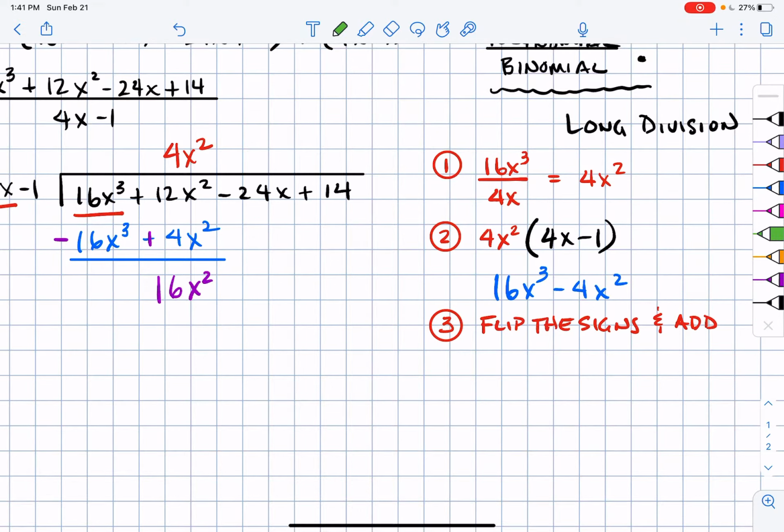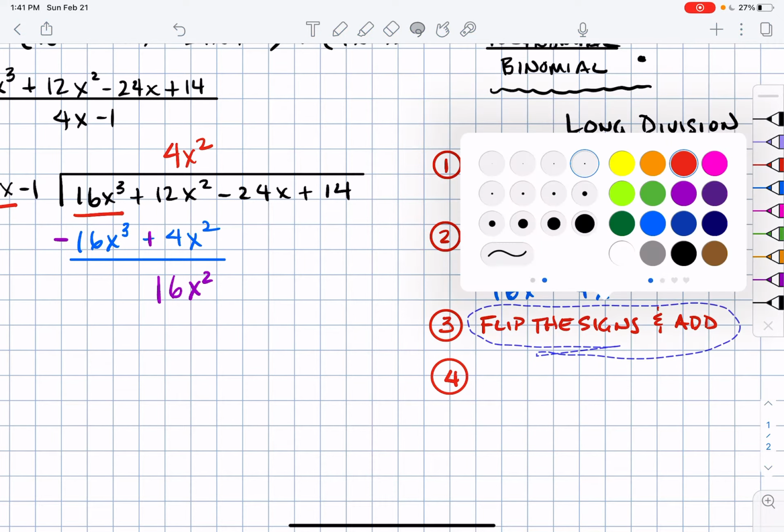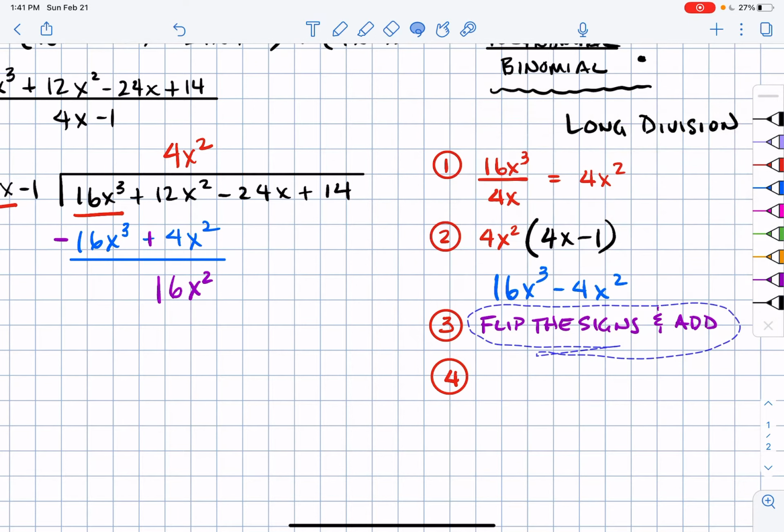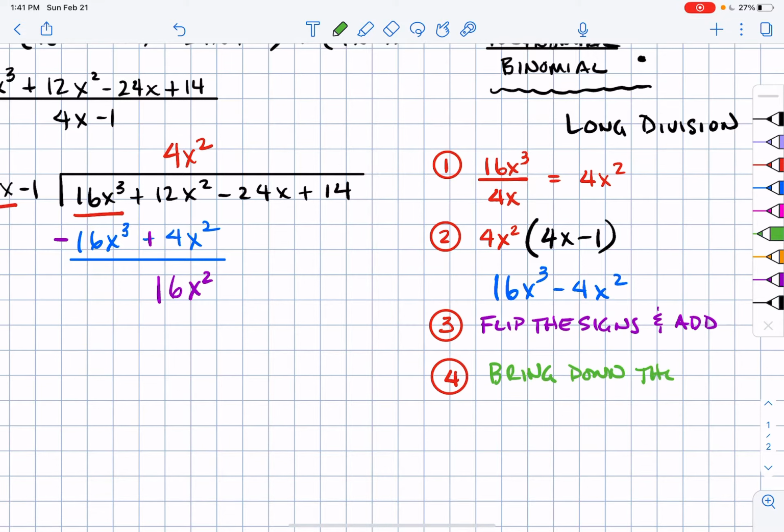And then step 4, actually, you know what I should do? Because this was in purple, let me put that in purple. And then the last step is to bring down the next term.